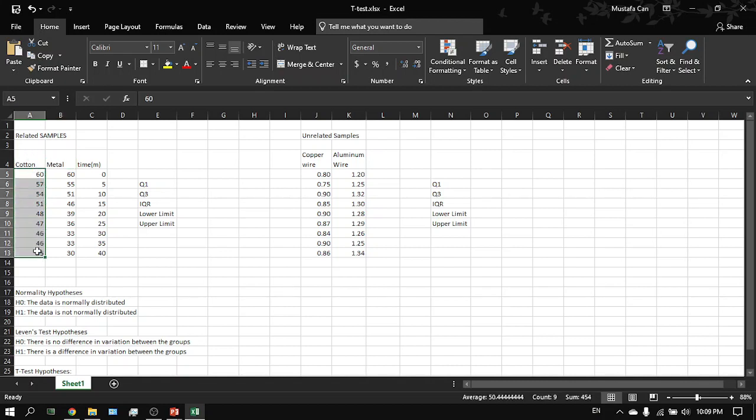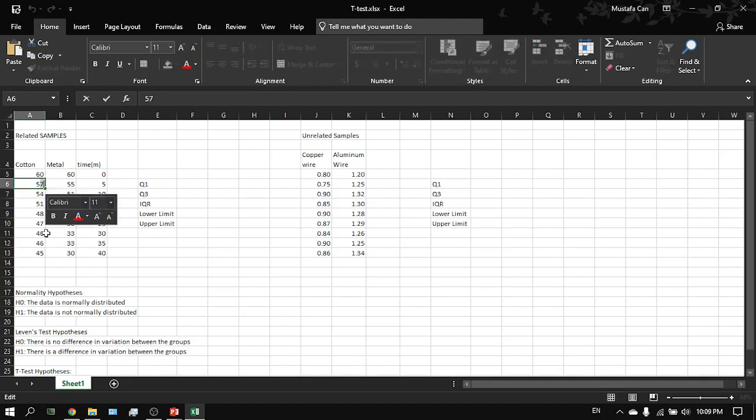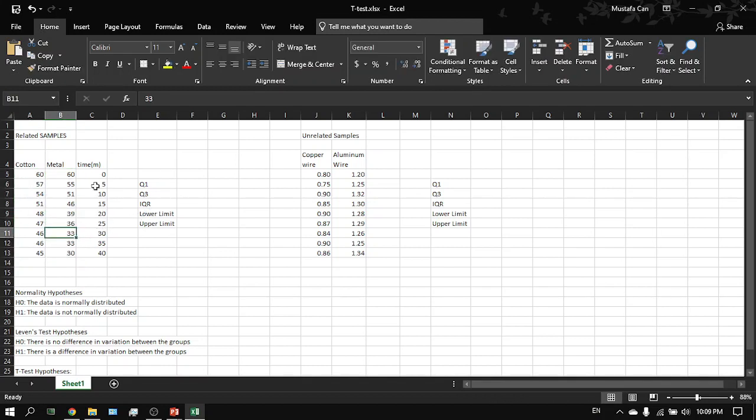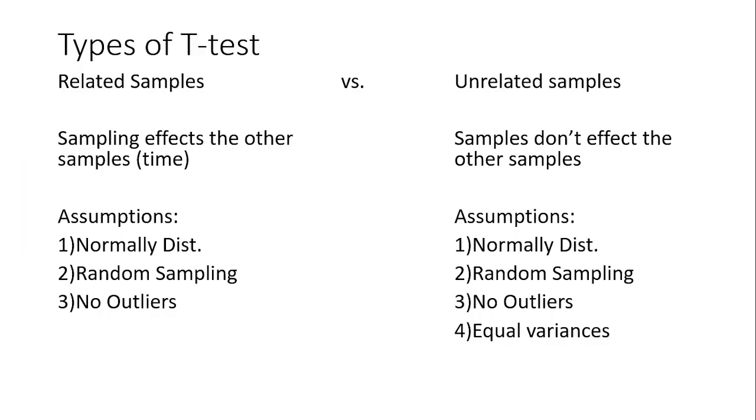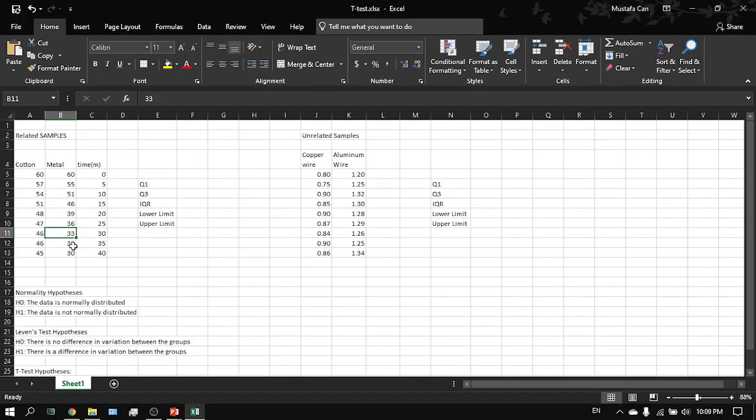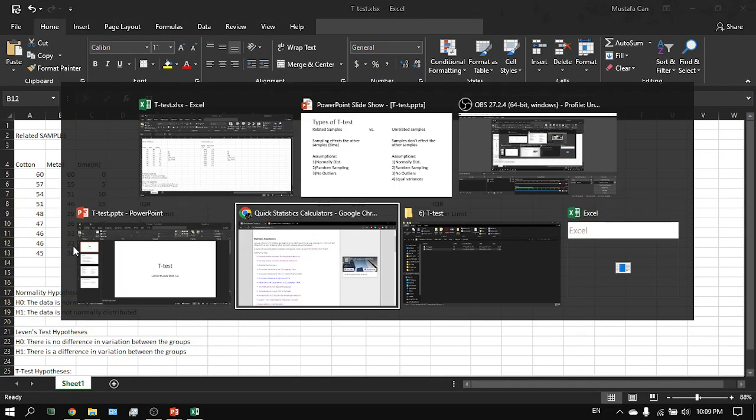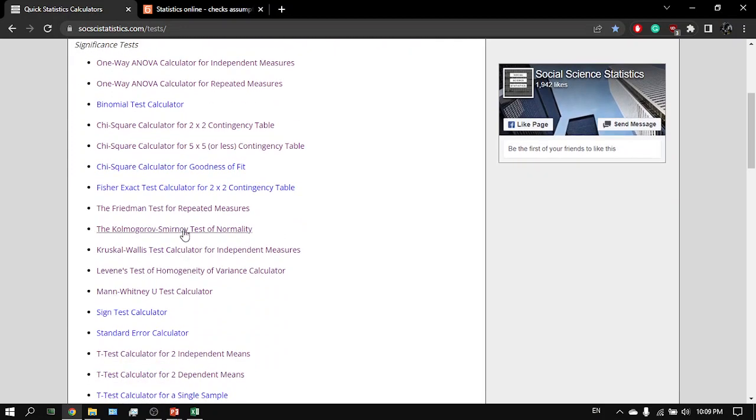The cooling rate is a lot higher in this one, and a lower rate for this one. Let's see what we do for these related samples. The assumption is normally distributed. I come to my statistics calculator. I come to the test of normality, Kolmogorov.